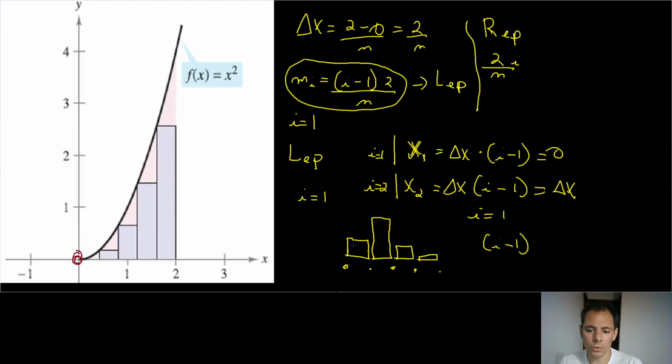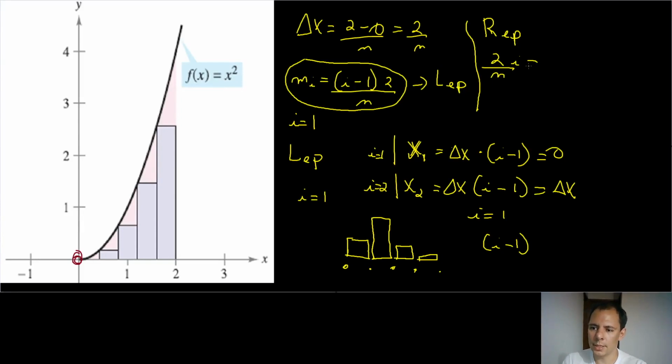If I is equal to 1, I want to start at 1 minus 1, 0. So I want to start over here. When I equals 2, I want to start at 1, which is where? Over here. When I equals 3, I want to start at 2, which is over here.